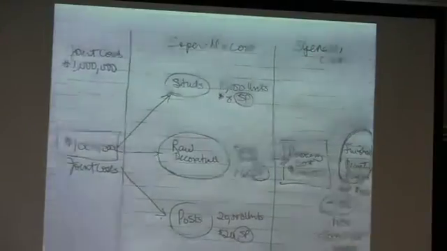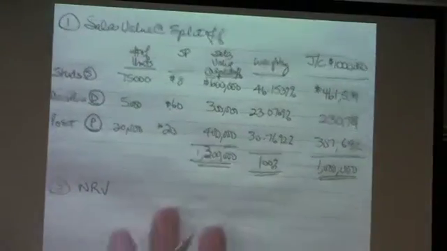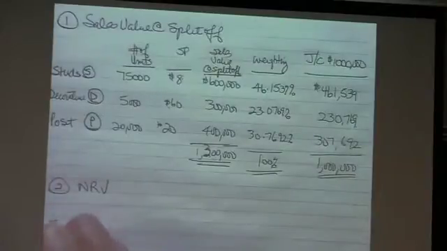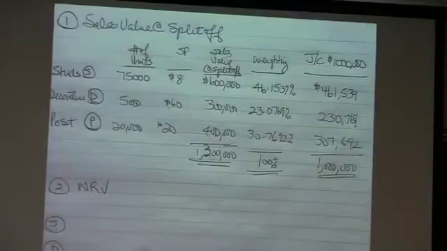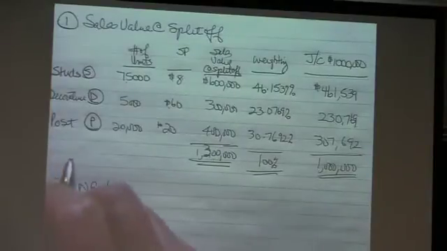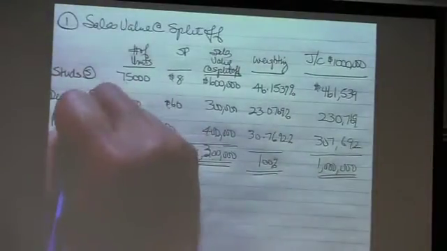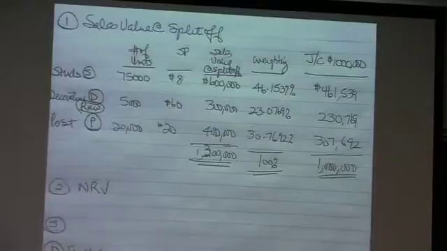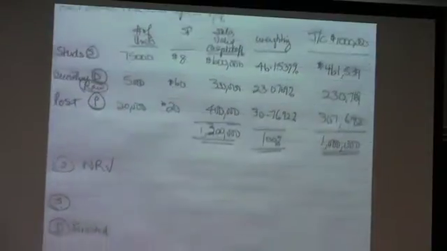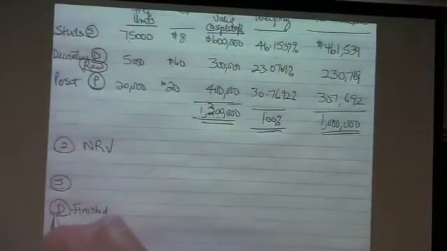So we're going to take a look at this. So the NRV for S, and this time it's D, but D is the finished. And this is basically the raw, right? Put down the word raw beside it. And then the third one is the post.